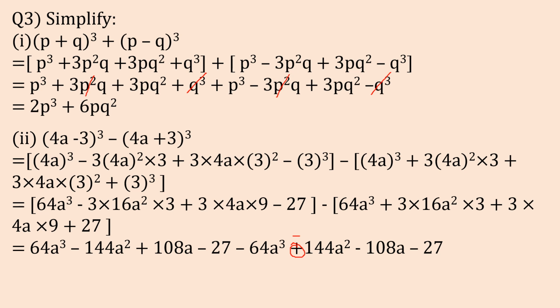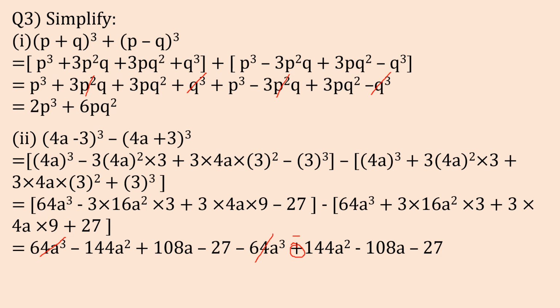Now students, can you see that here we have like terms, that is 64a cube. Now here also minus 64a cube, but they are with opposite sign. So this term will get cancelled. So you'll cancel these. Okay. Now students, can you see minus 144a square? And here also I told you to put this minus. Okay. Minus 144a square. So here minus 144a square and minus 144a square, so both are with the same sign. So they will not cancel each other.